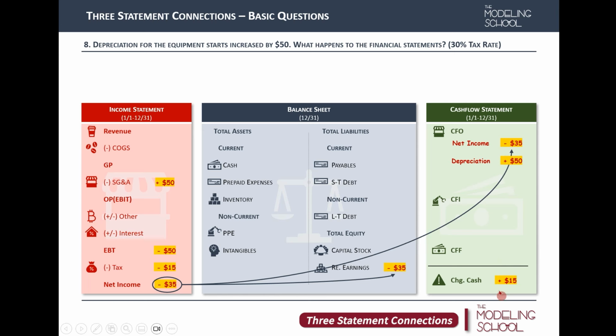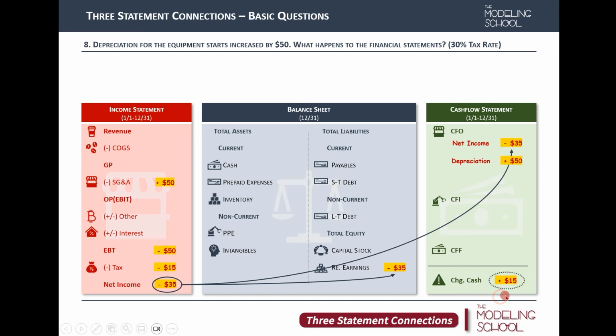It matches the tax expenses that we have saved because of the depreciation. So even though depreciation is a non-cash cost, in our accounting-based three-statement model, it provides a tax shield effect worth $15, and this is the result of it.